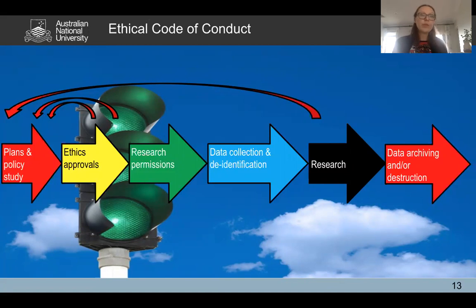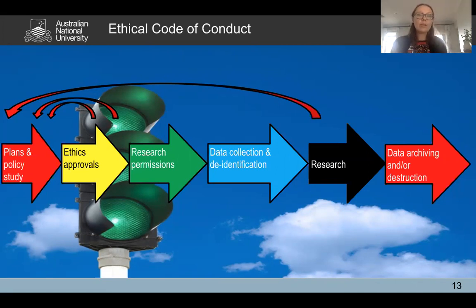Usually one has to first have a plan and policy study, so know from a particular country or region what are the correct guidelines to follow. Then one needs to submit an ethics application, and when that's obtained, hopefully, if it's rejected, one needs to go back to the beginning, but if one achieves it, we need to get informed consent from all the participants.